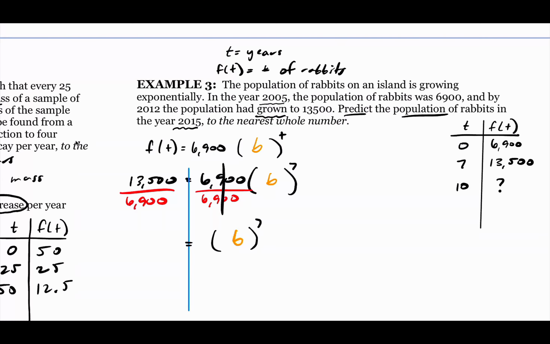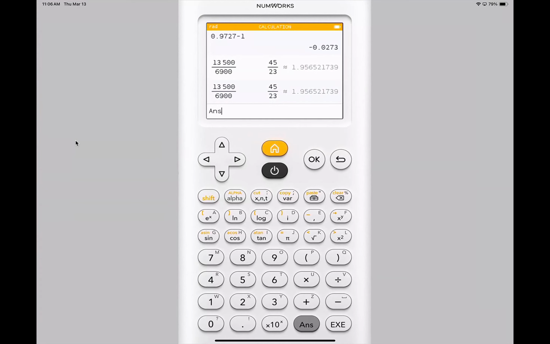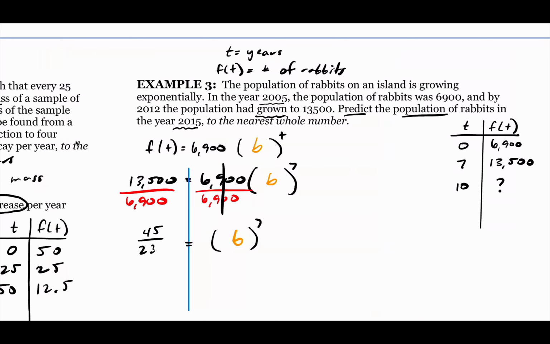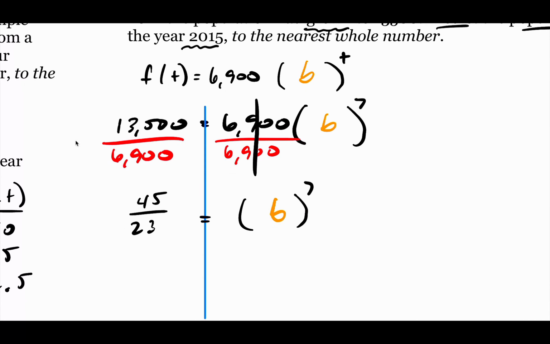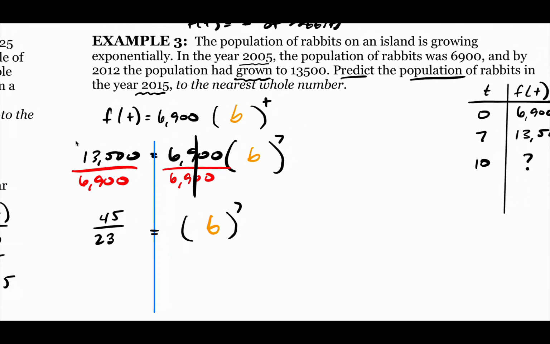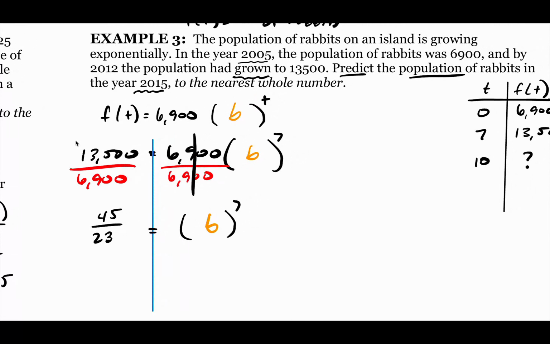That's the reduced fraction. It's the same thing, just not a long decimal. I don't want to round until the very end. And then we take the 7th root of both sides.